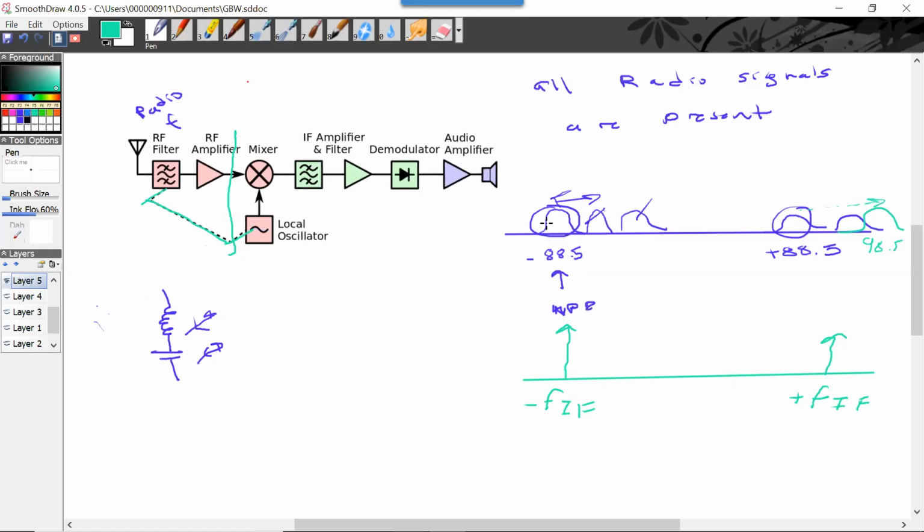Before, in order to capture whatever channel I wanted, I had to tune this, and this RF amplifier has to amplify over any of these frequencies. It's got to work for the whole spectrum of the radio stations. But what we do in this case is we mix it so that the local oscillator is a function of the bandpass, so that we always get the same intermediate frequency.